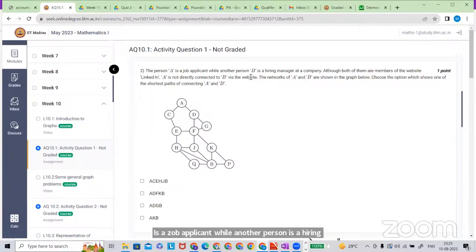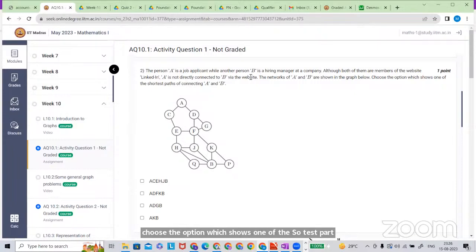Although both of them are members of the website LinkedIn, A is not directly connected to B via the website. The network of A and B is shown in the graph below. Choose the option which shows one of the shortest paths connecting A to B.